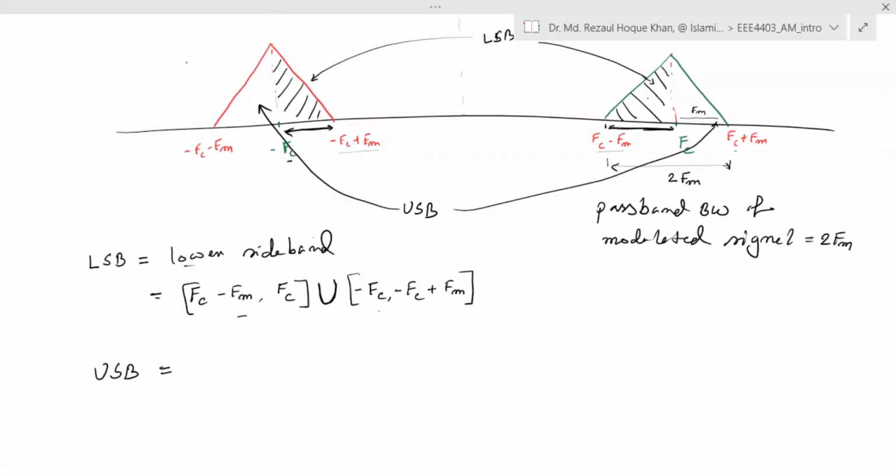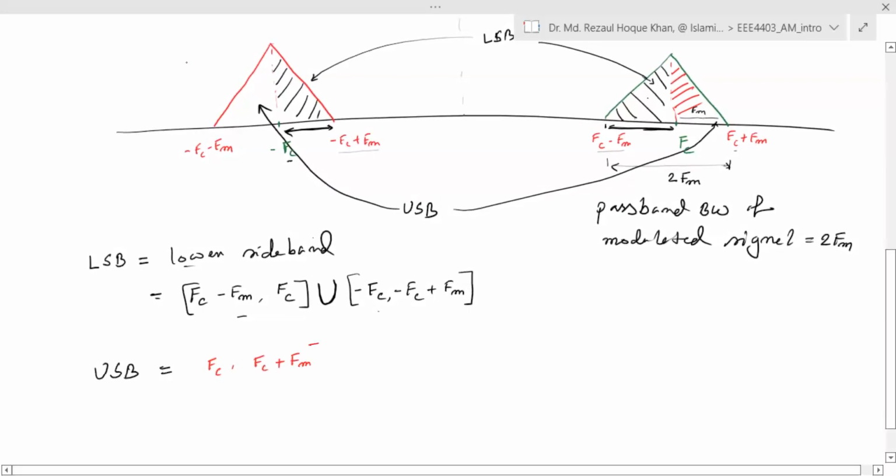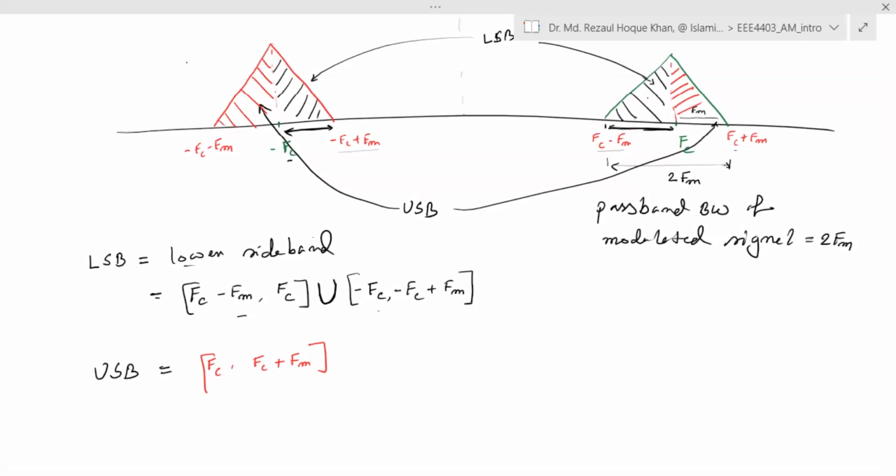So upper sideband is this part, from FC to FC plus FM, and also this part, which is minus FC to minus FC minus FM.